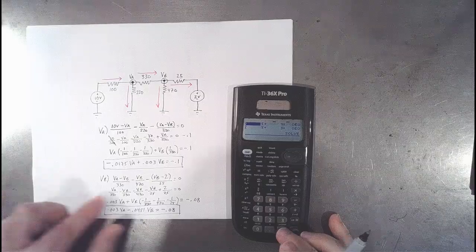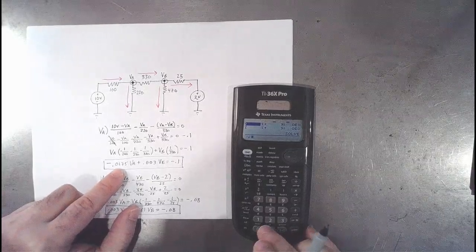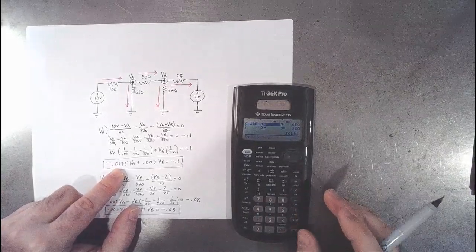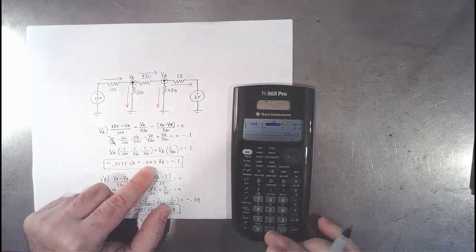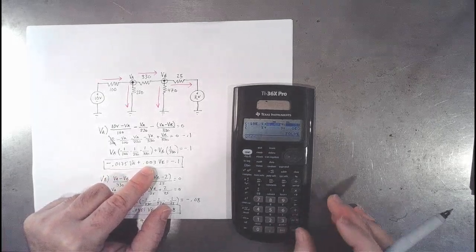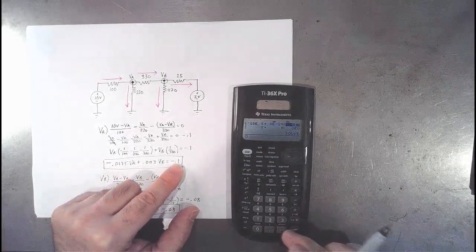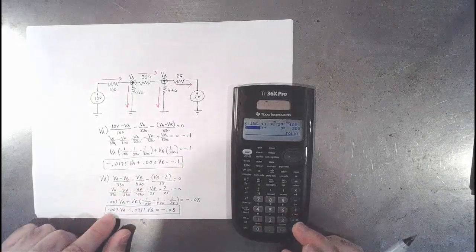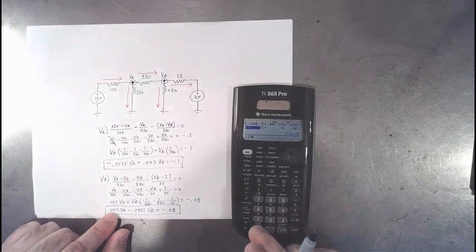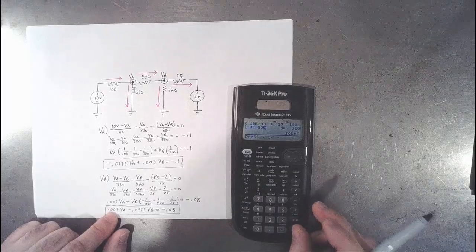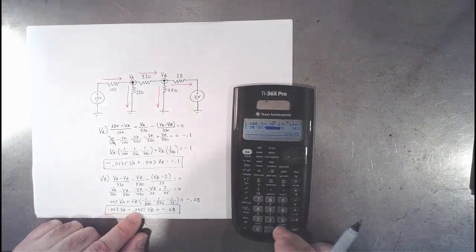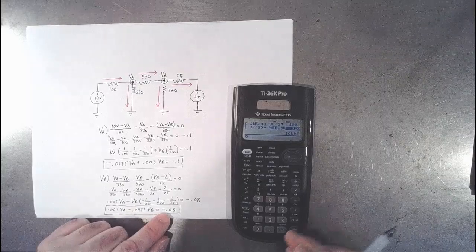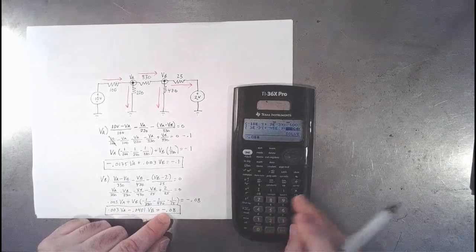So we got minus 0.0175 VA, and then 0.003 VB, and then minus 0.1, and then we've got 0.003, minus 0.0451, and then minus 0.08.